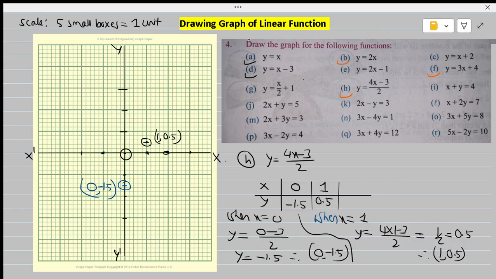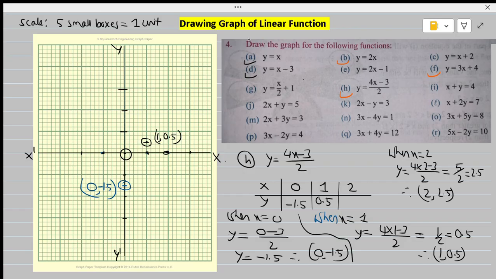And the next point, let's take one more. I'm keeping the value of x as 2. So when x equals 2, y equals 4 into 2 minus 3 by 2, so it is 8 minus 3, 5 by 2, which is 2.5. Therefore the other point is 2 comma 2.5.